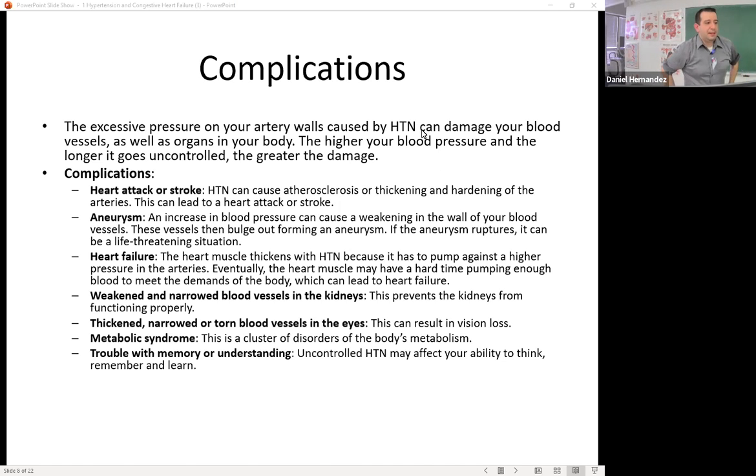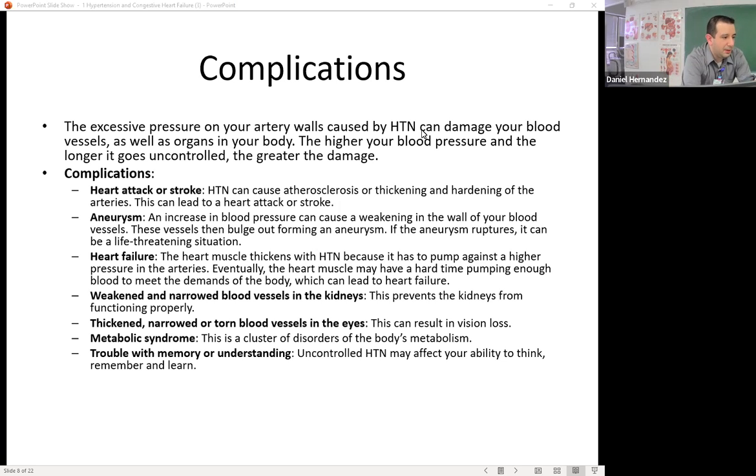So some other complications we talk about could be heart attack and stroke. So hypertension, that damaging of the wall, leads to inflammation of that vessel wall, and then healing of that vessel wall. And then you get that repeated process of damage and healing that leads to that buildup of atherosclerotic plaque and that thickening and that hardening.